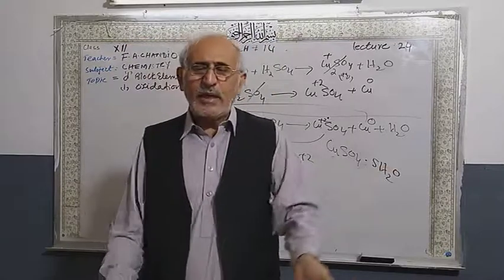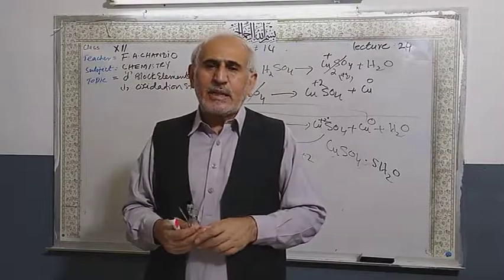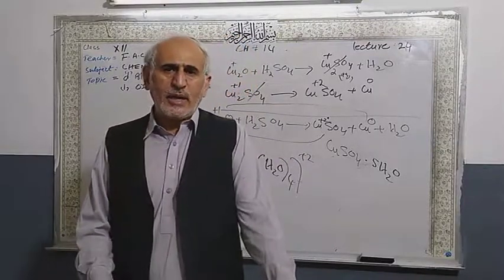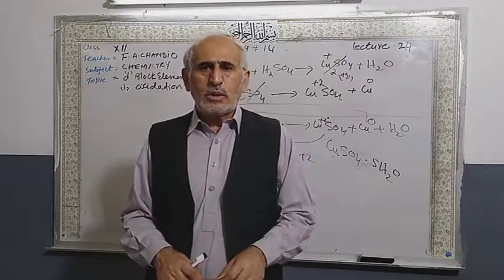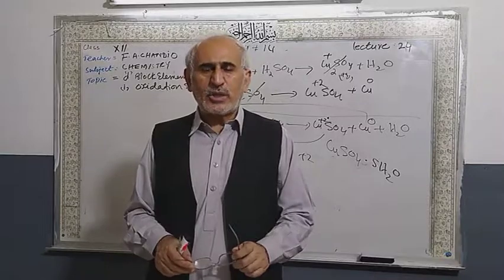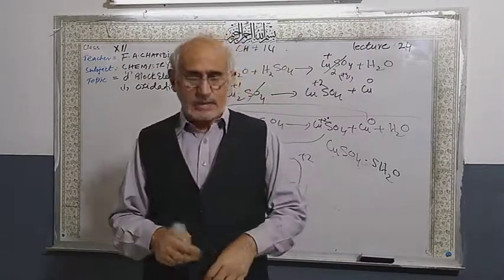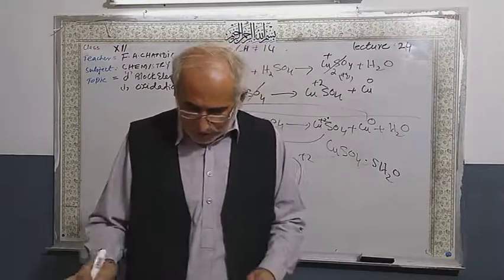In the beginning I told you copper 1, cuprous, their d orbital is completely filled, they are diamagnetic, and the copper 2 has a 3d9 electronic configuration, unpaired electrons are here, so this is paramagnetic in nature. Now reactions.